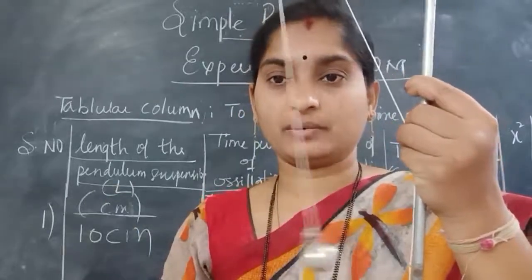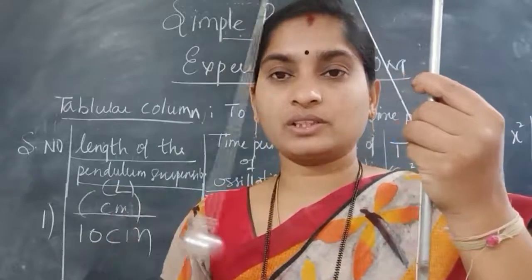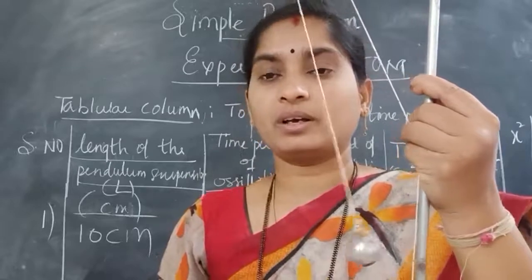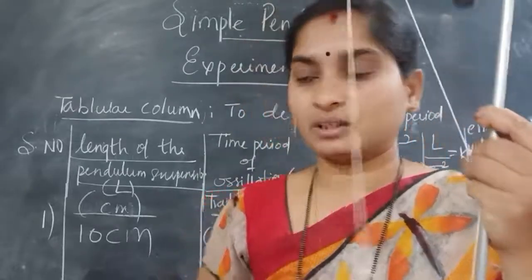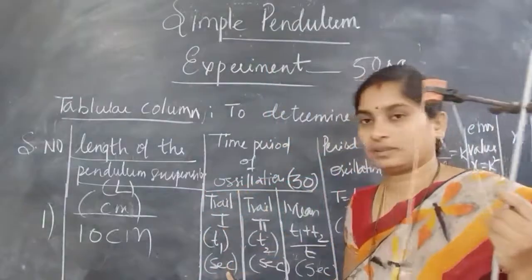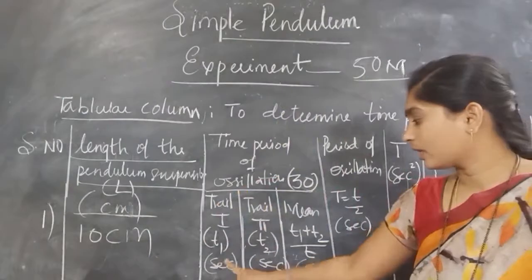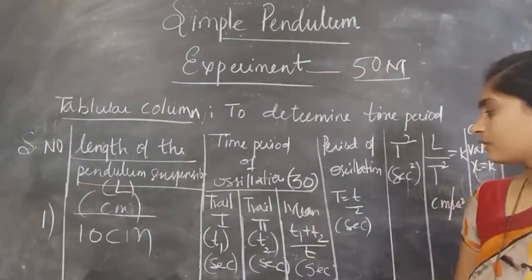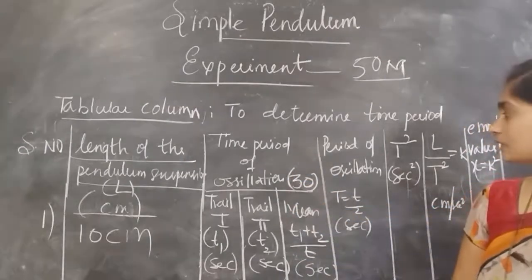Are you understanding? For the 30 oscillations made by the simple pendulum bob, the time noticed has to be recorded here in the first trial, and similarly for the second one. Now you take the mean of these, which will give the value of the time for oscillations, that is the small t value.